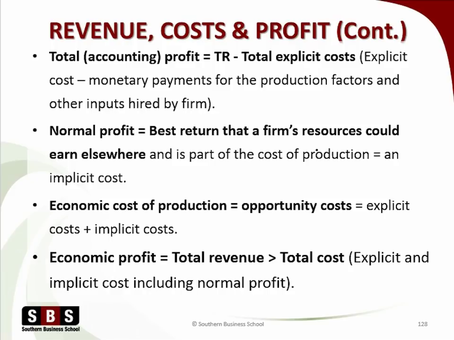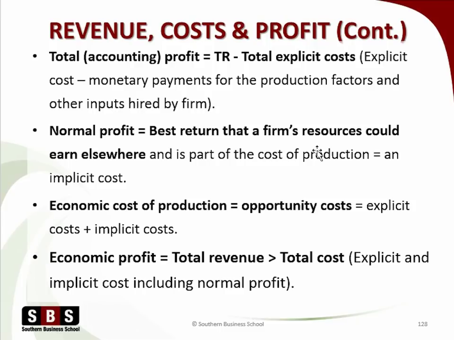Normal profit we've addressed, you can just read through that. Then the economic cost of production. You need to know what economic cost is of the production process: opportunity cost, which is the explicit plus implicit costs. I'll explain it in a table that's coming up. And economic profit is then just the total revenue minus the total cost.